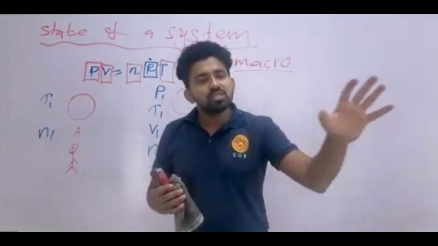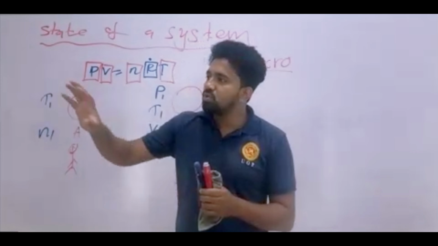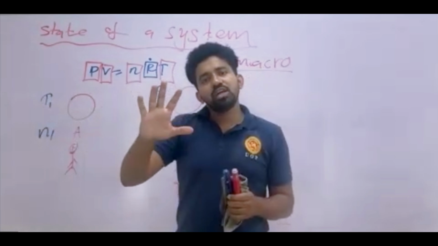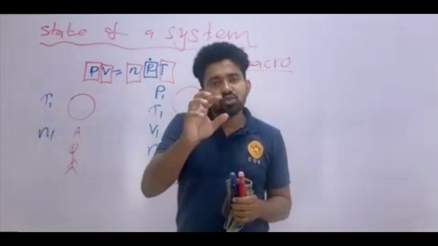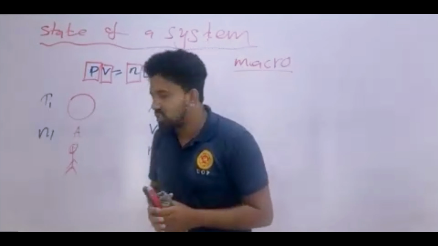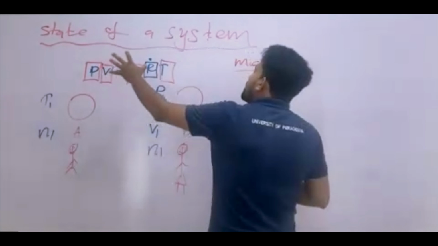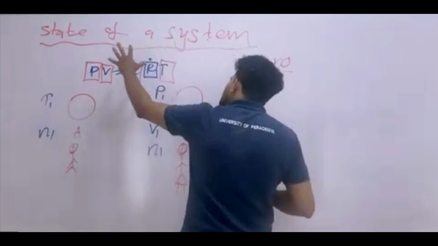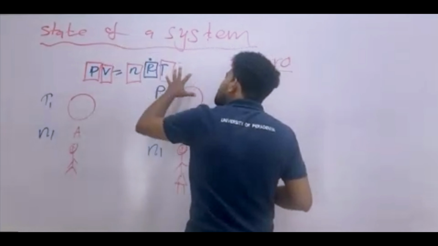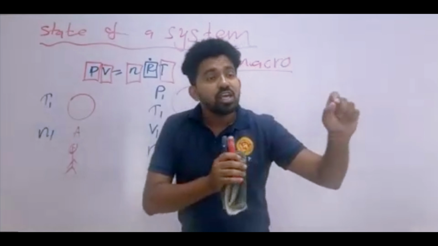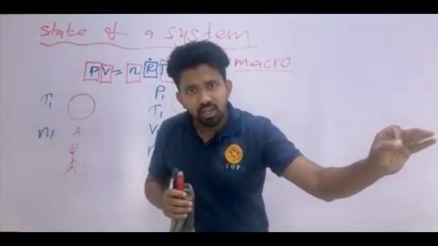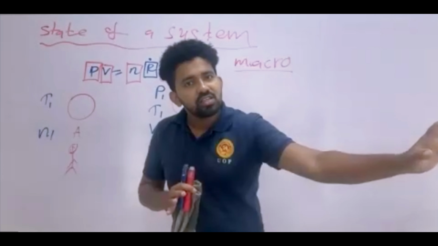So we know the system very well, or we don't know the system very well. This applies to atoms, molecules, ions, and things like that. To describe the state of that system, we need to use their properties. For example, my friend is a very good person and he is white in color.